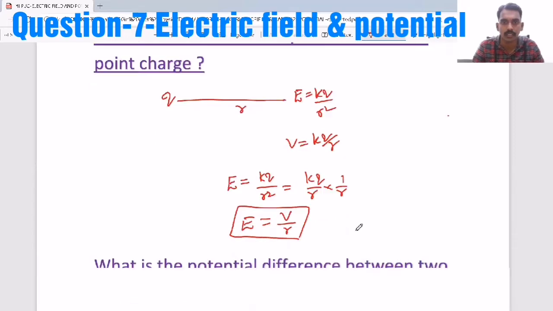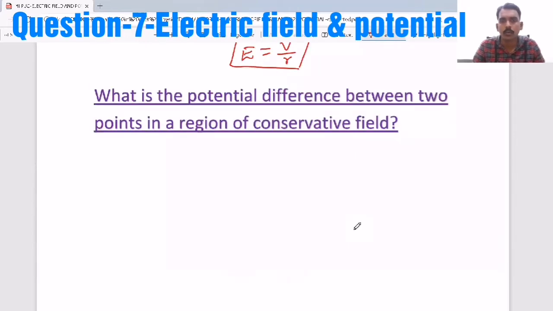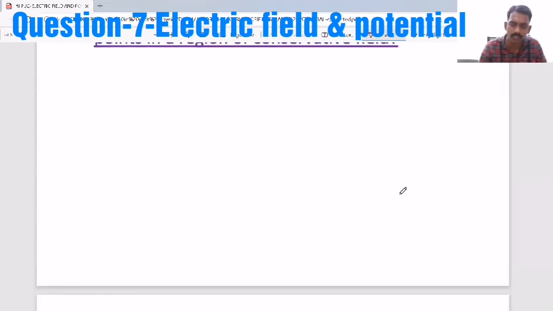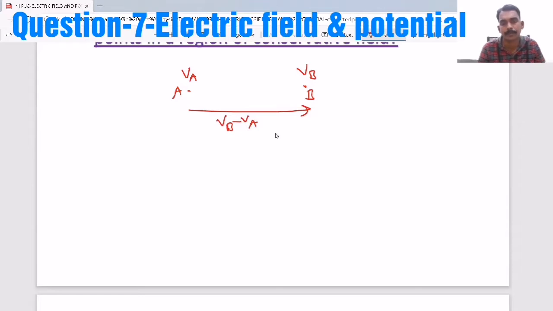This is the relation between electric field and potential at a particular point due to a point charge. And what is the potential difference between two points in a region of conservative electric field? When you consider any two points, let's take A and B, and the potentials are VA and VB, then the potential difference between the two points is VB minus VA.